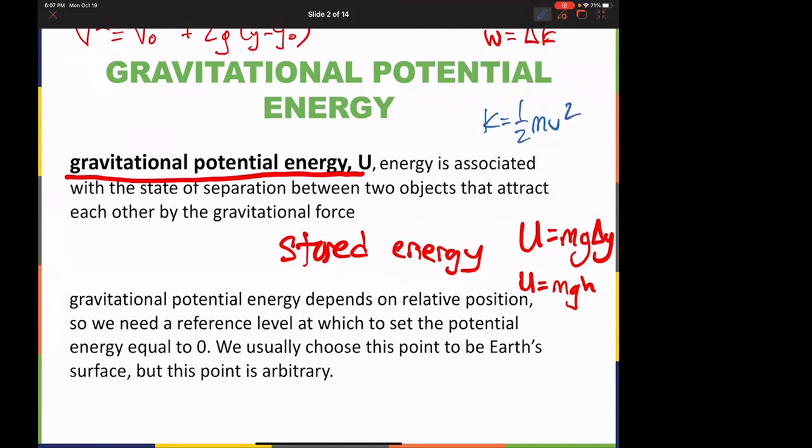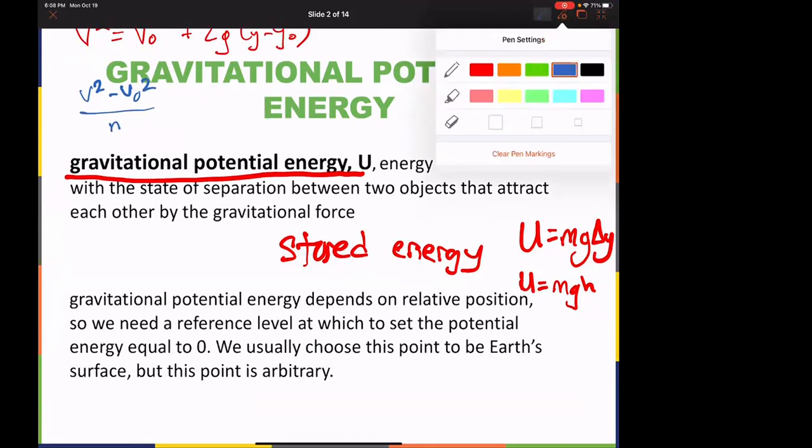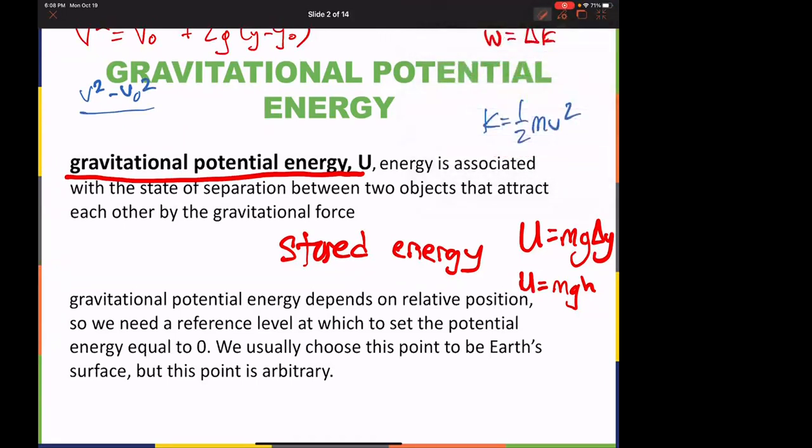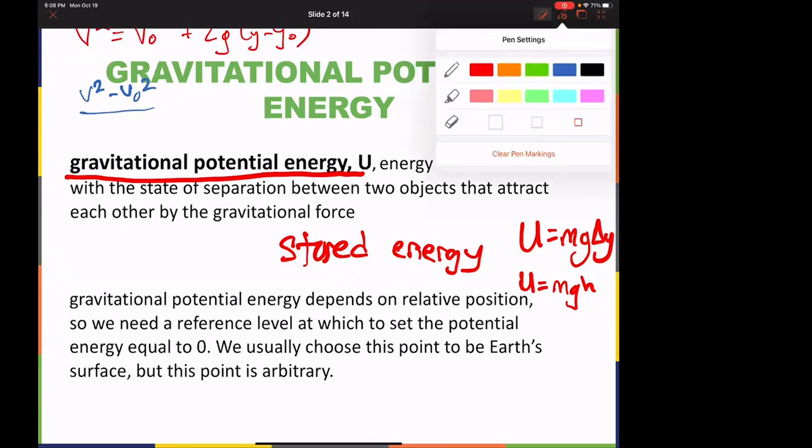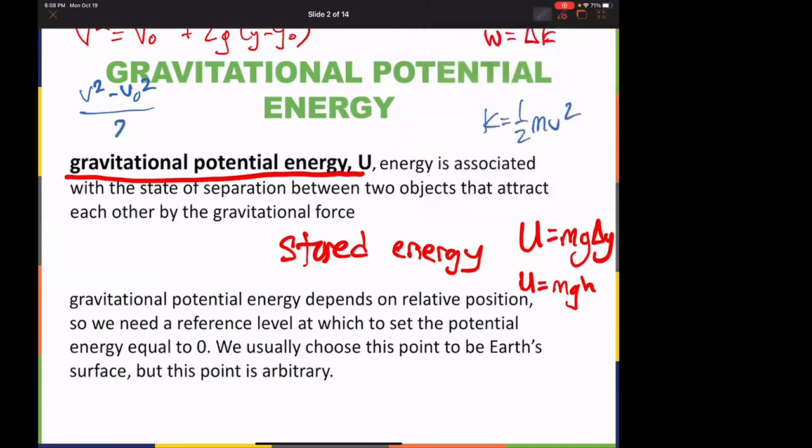So if I put these two equations together, if I add an m in front of both of those, you can see the change in kinetic energy, delta K, equals the change in potential energy, which equals the work done.